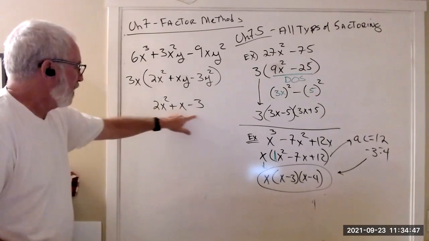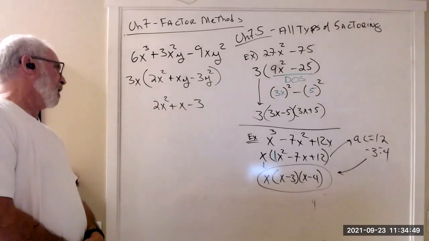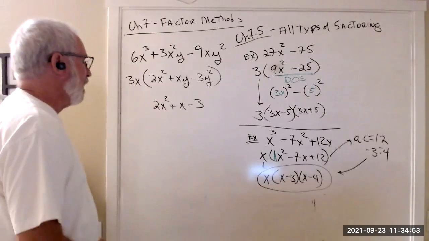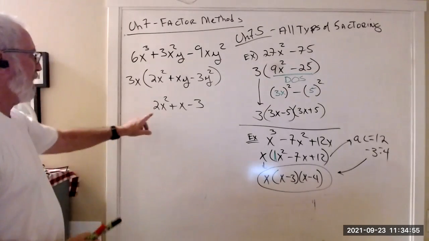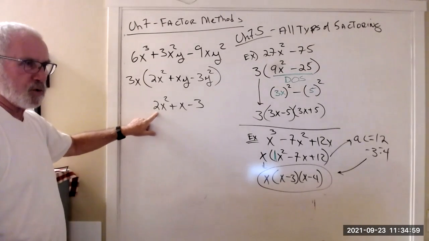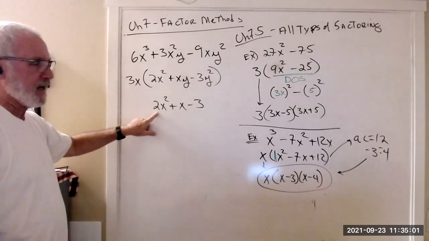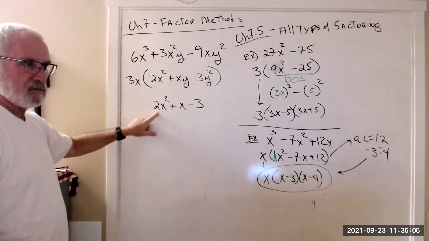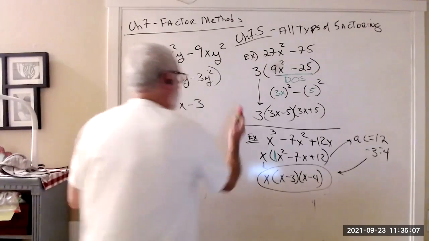All right. Well, then I look at this and I go, that's a trinomial. And oh, damn. Okay, the a value is 2. So I can't use the super shortcut. I got to do the whole thing, AC plus grouping. Okay, so here I go.